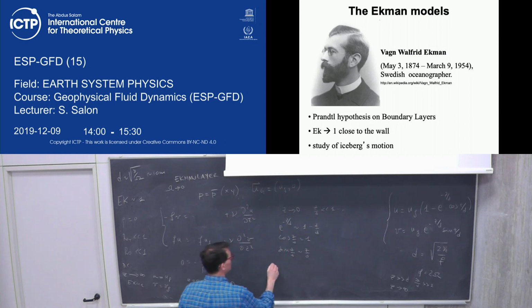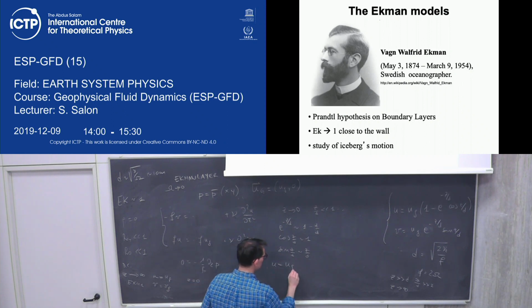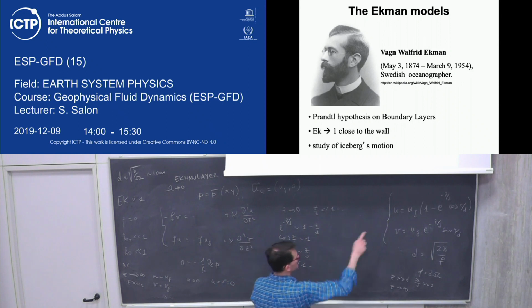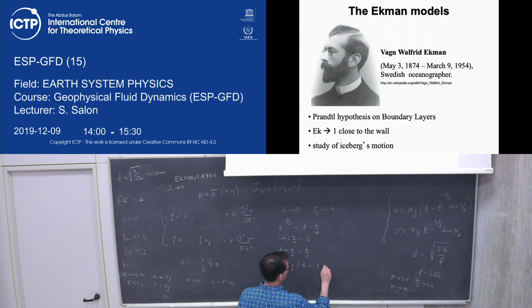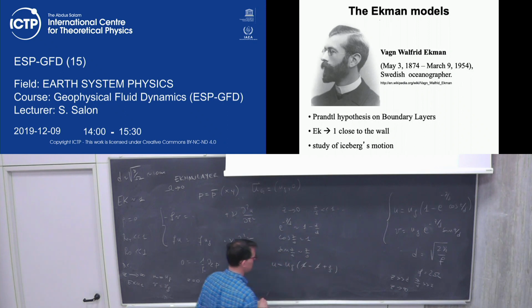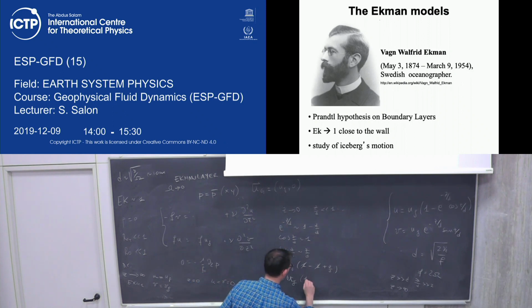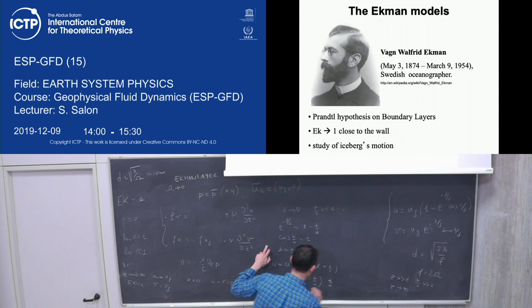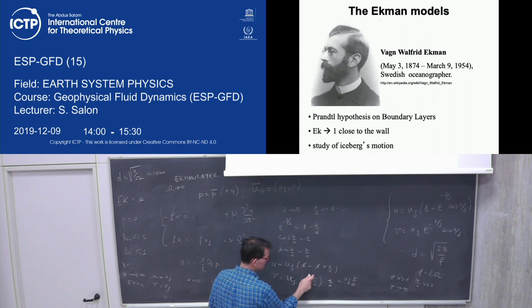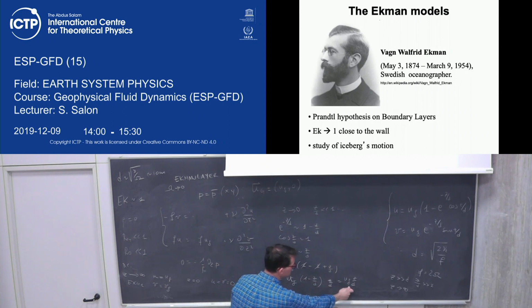Okay? So we can say U is equal to UG times (1 minus the exponential, which is 1 minus z over D), and V is equal to UG, again (1 minus z over D) multiplied by sine, which is z over D. So it is UG z over D, and then I have a second term, z squared over D squared, which of course will be much smaller than this one.